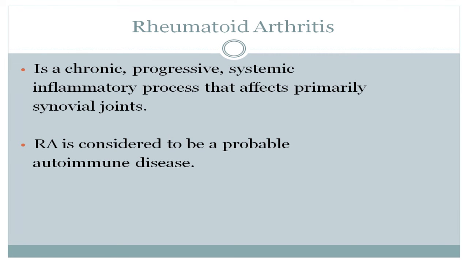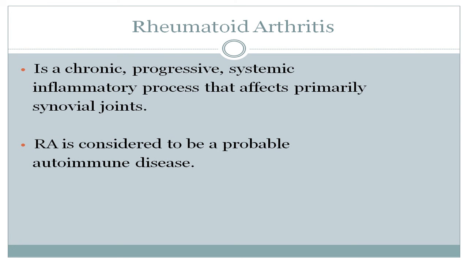Rheumatoid arthritis is considered to be a probable autoimmune disease. So with most diseases, when they don't know what causes it, they just throw autoimmune in front of it. So it's a probable autoimmune disease. We know that the purpose of our immune system is to fight infection, fight off the bad stuff.